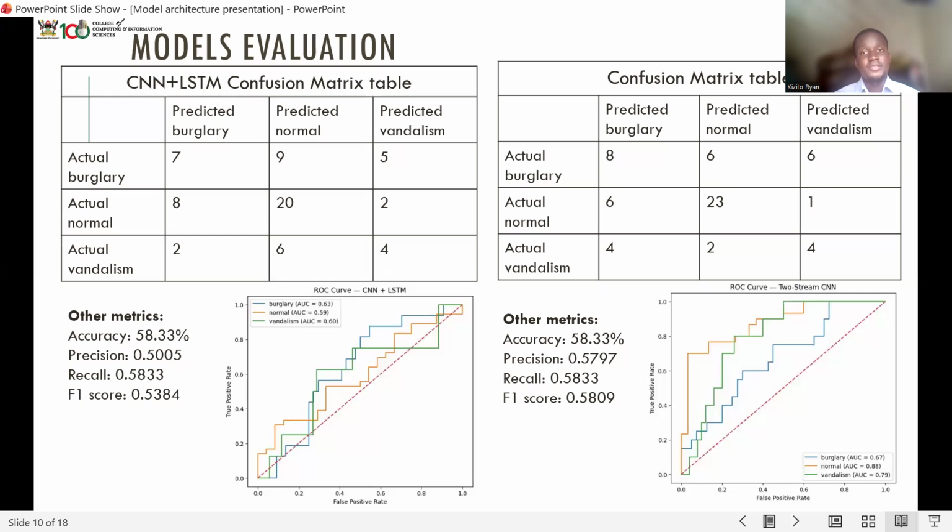So recall is basically: of the positives that exist, how many did it identify? And of course, the F1 score brings about a balance between precision and recall. And then I included the ROC curve.